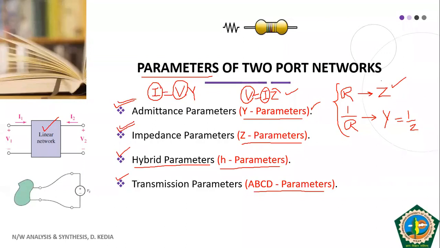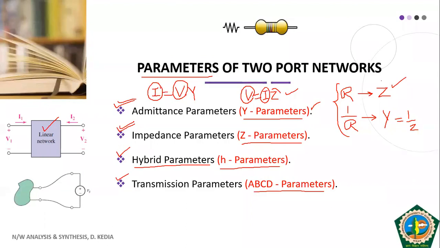And dear students, let me tell you one thing, these parameters are very simple to understand. Just a few minutes will be required to cover these parameters, and all that is required is that you practice the method of obtaining these parameters.